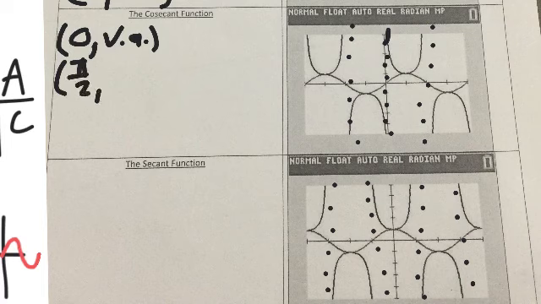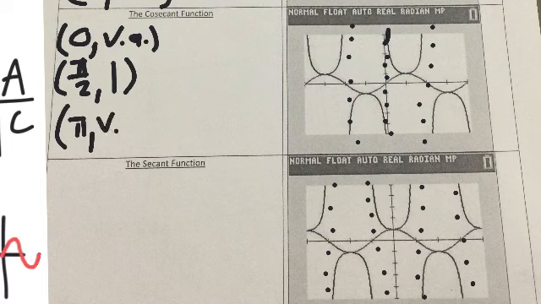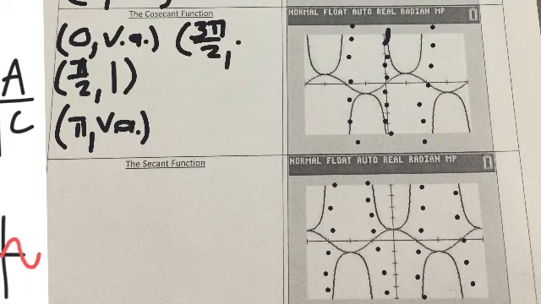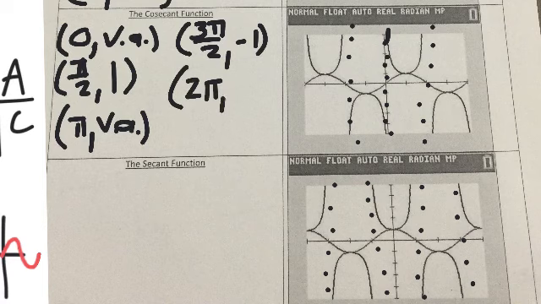At pi over 2, the value is 1. At pi, I have a vertical asymptote. At 3 pi over 2, my value is -1. And at 2 pi, I get another vertical asymptote.